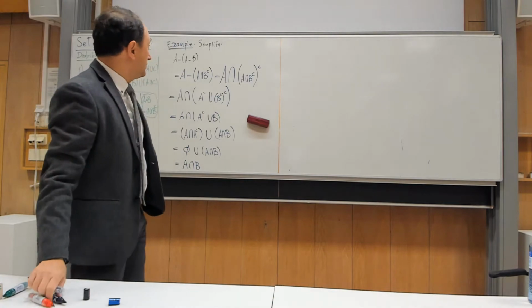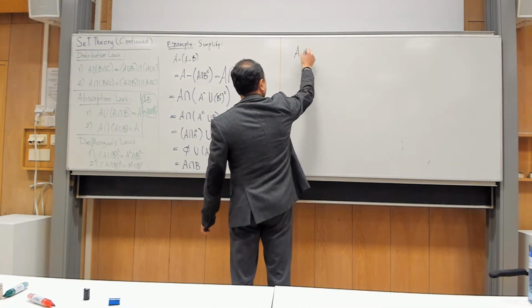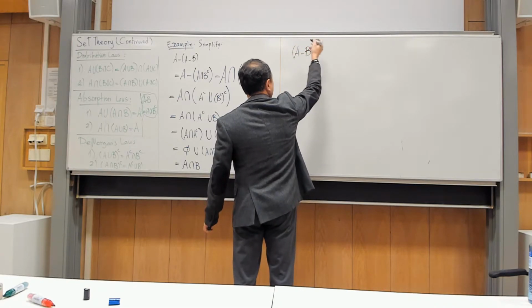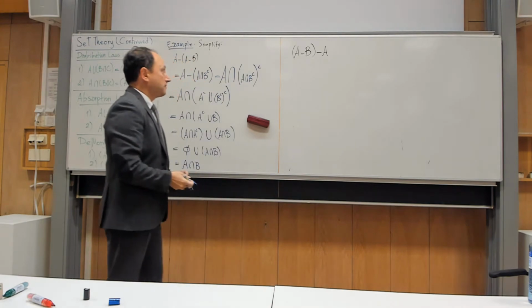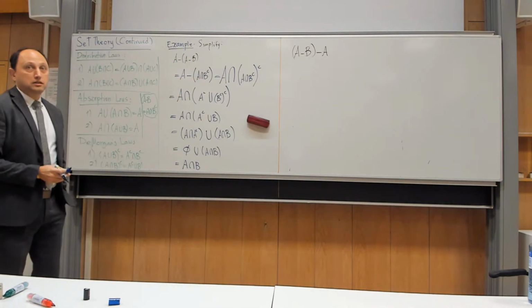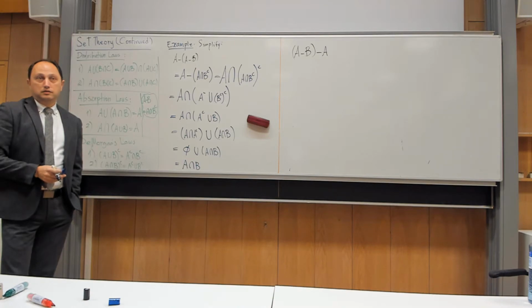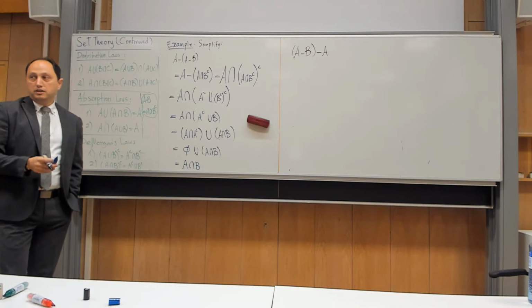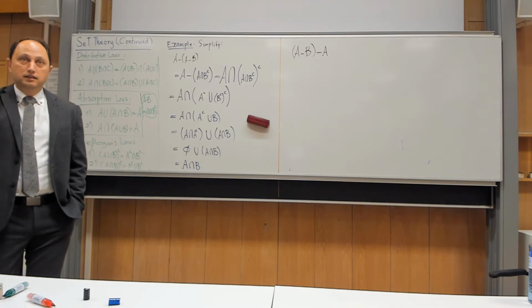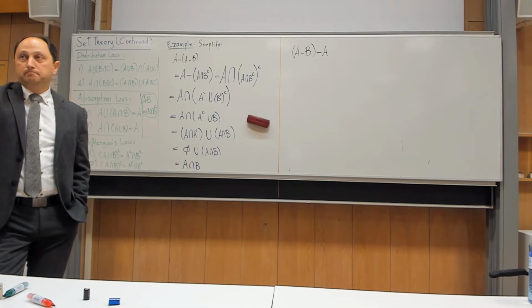I want to simplify this. Do you have any idea before doing the calculation? Do this practice. It will improve your intuition about the concept of sets. A minus B minus A. Imagine it in your head first and then give the answer and then try to prove it mathematically.